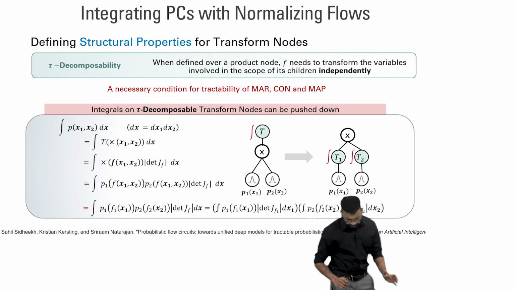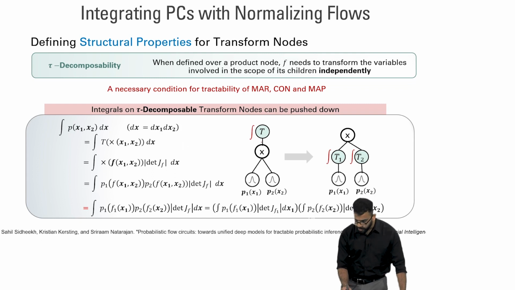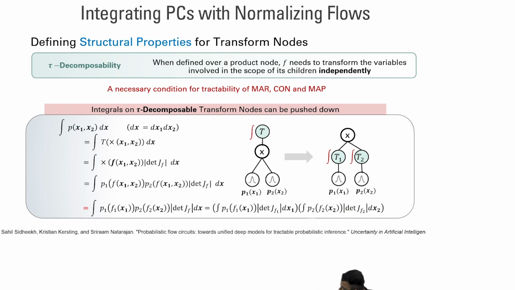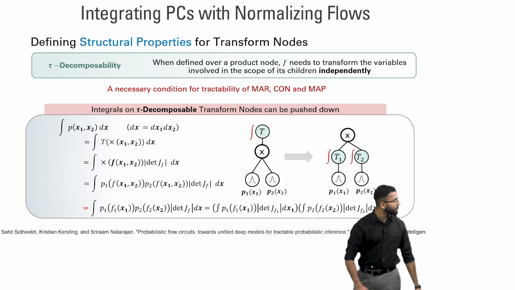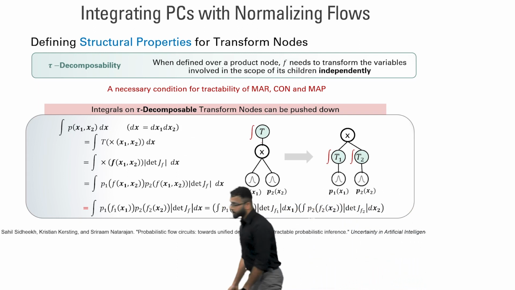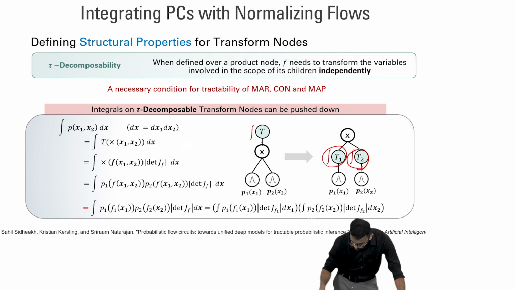Now, to give you an idea of why things become tractable, if you're computing an integral over a transform node defined over a product node, which is what you would do if you're doing marginal or conditional inference, you can prove that this is equivalent to pushing the integral together with the transformation itself to the child of a product node, right?